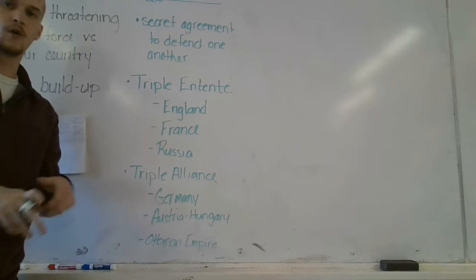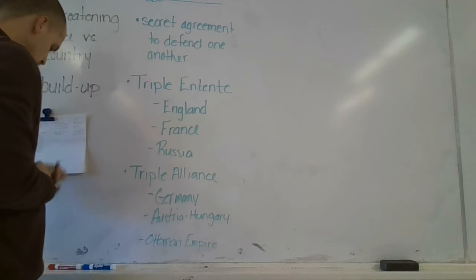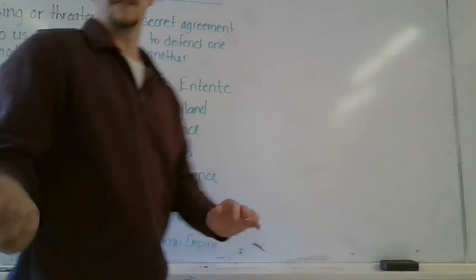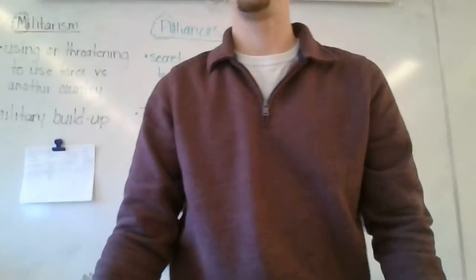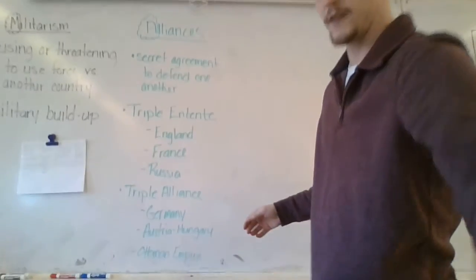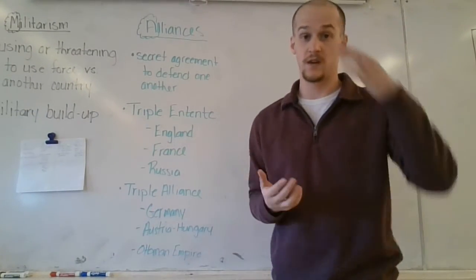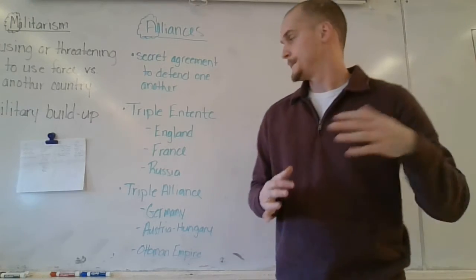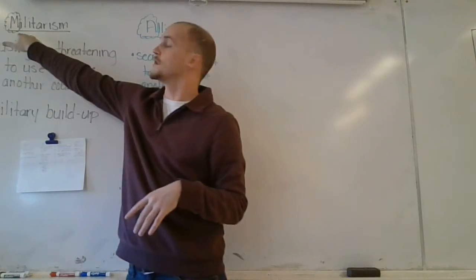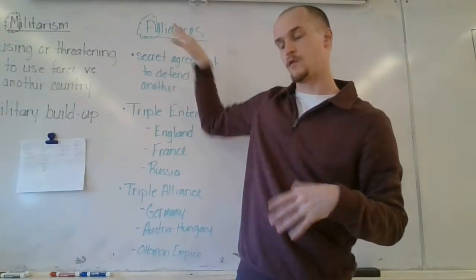And so before conflict even breaks out, you have two rivaling teams ready to face off against one another. So M is for militarism, A is for alliances.